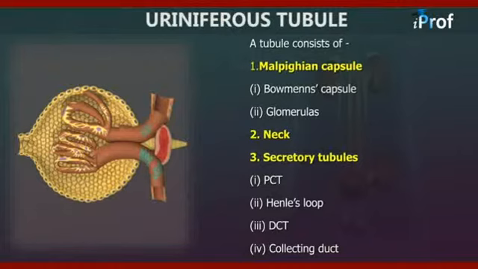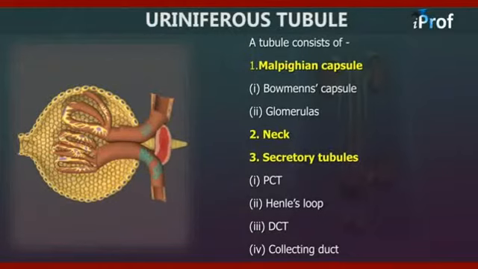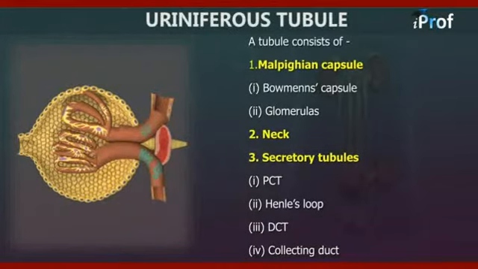Secretory tubules divide into following parts: PCT, that is proximal convoluted tubule, Henle's loop, DCT, that is distal convoluted tubule and collecting duct.